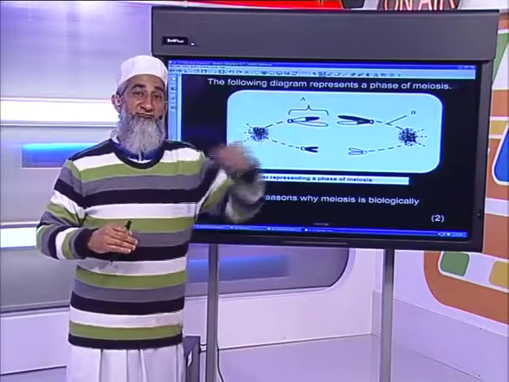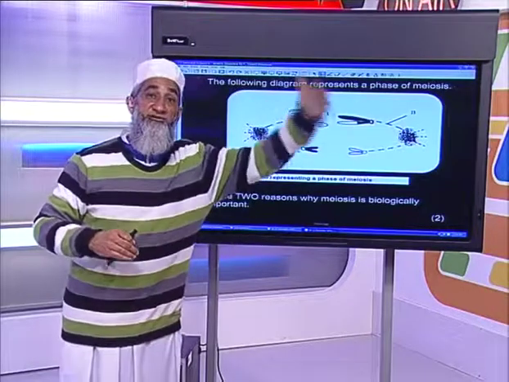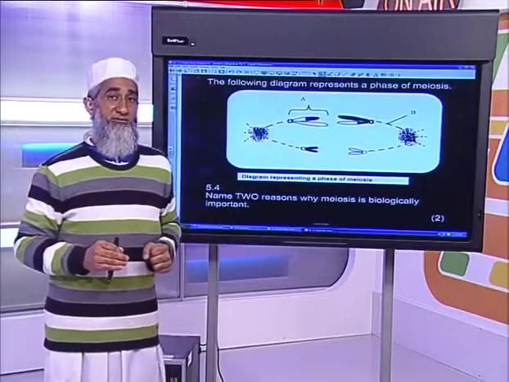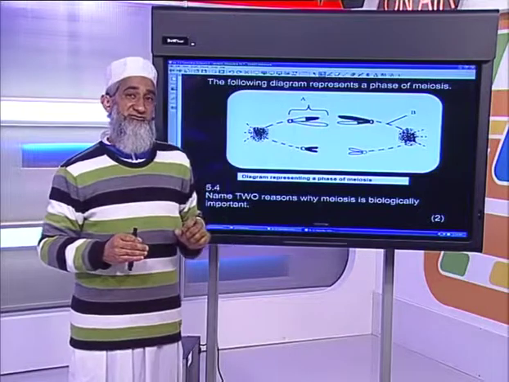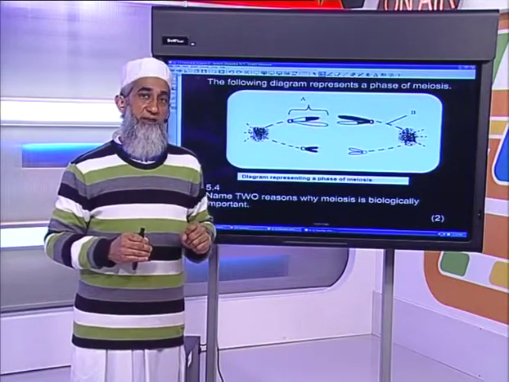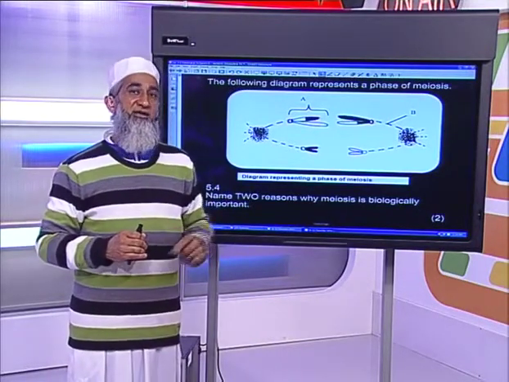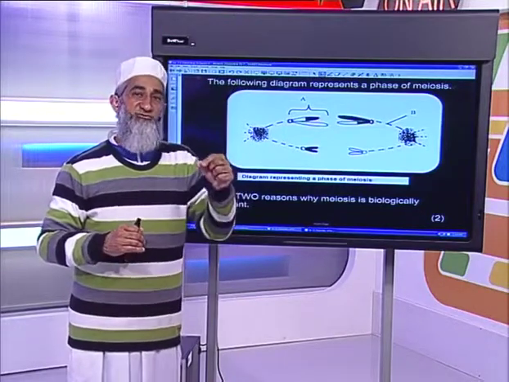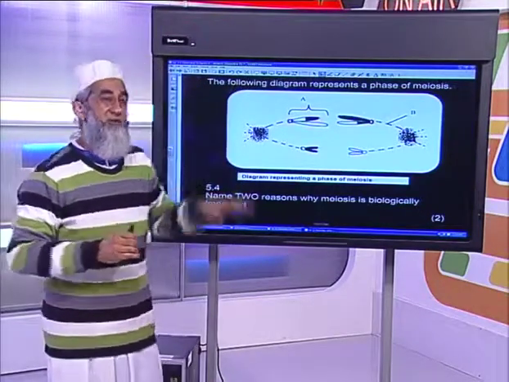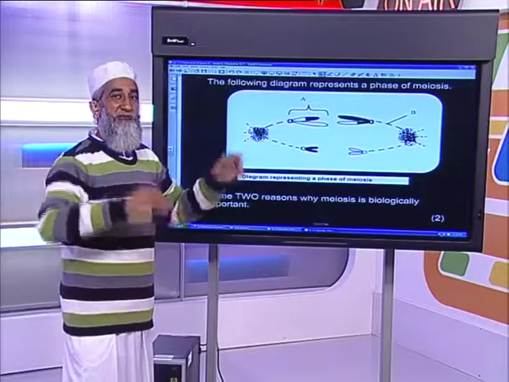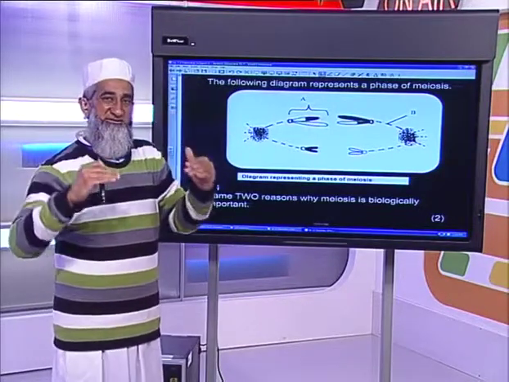And our children would have 184, and so on. But that doesn't happen. Because when sex cells or gametes are produced, the number of chromosomes is reduced by half because of meiosis. So it makes sure that the chromosome number stays the same.